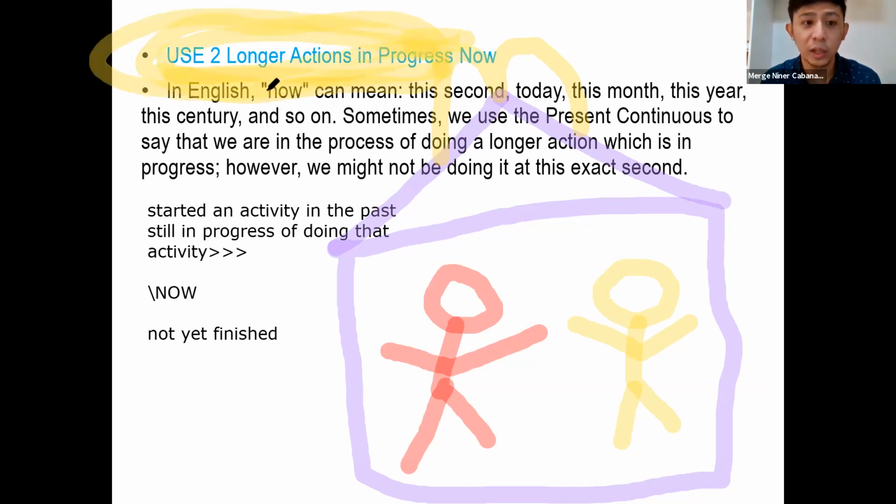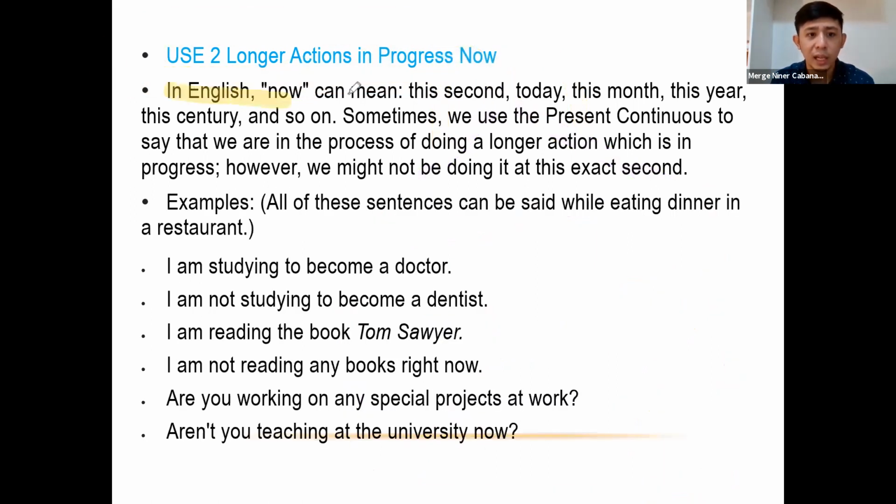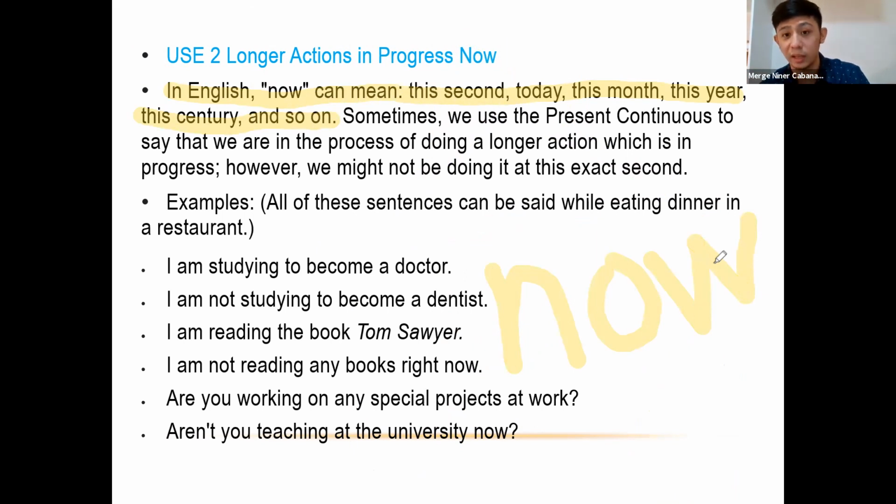In English, remember this: "now" can mean this second, today, this month, this year, even this century, and so on. So the connotation of the word "now" is very vague. Now can be today. Now can be this decade or this century even.